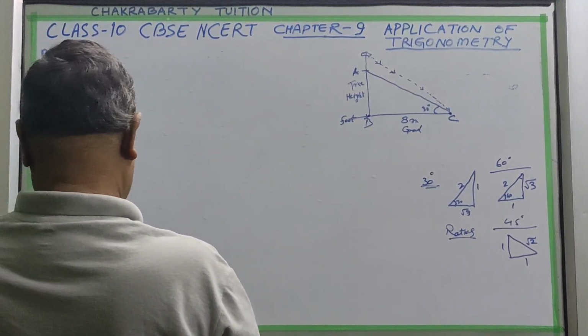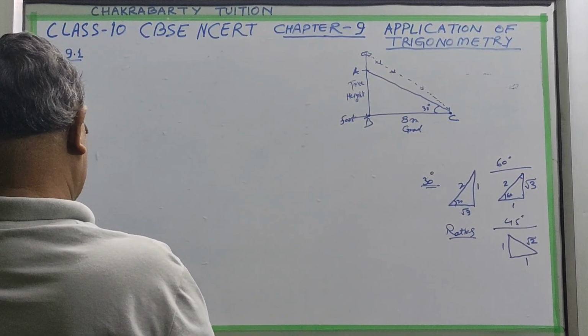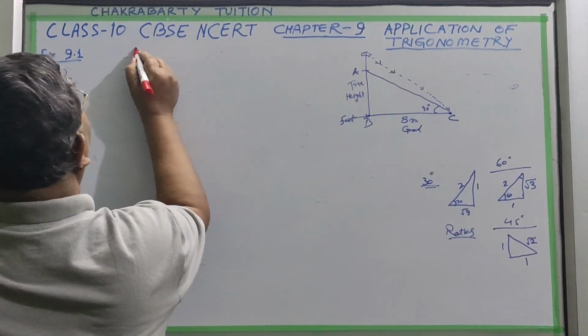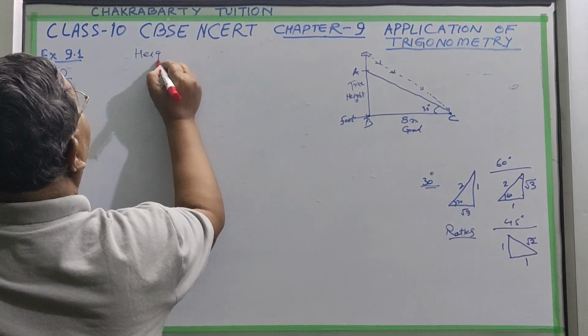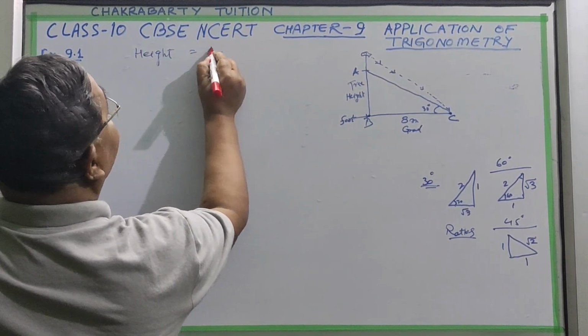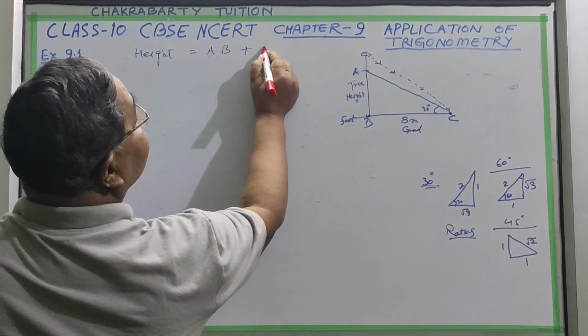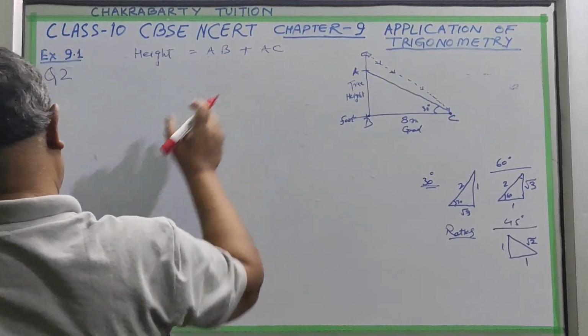So, height of the tree will be equal to AB plus AC. We have to solve these things. Okay.